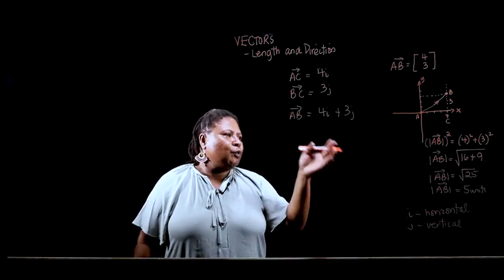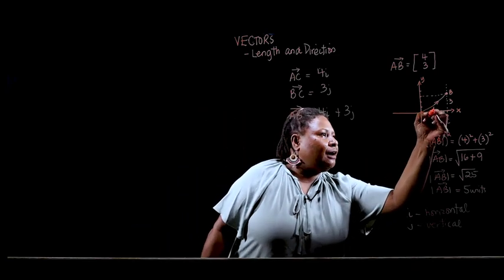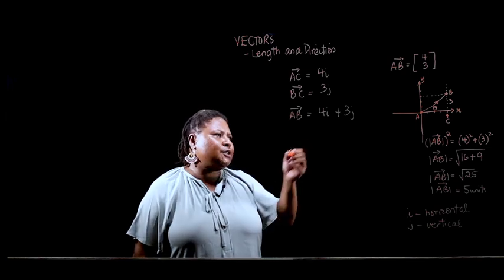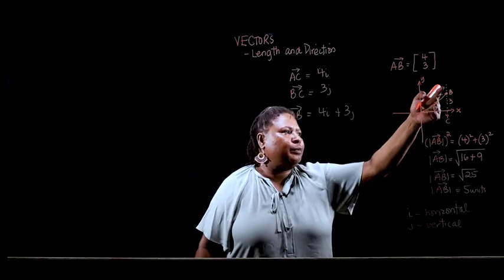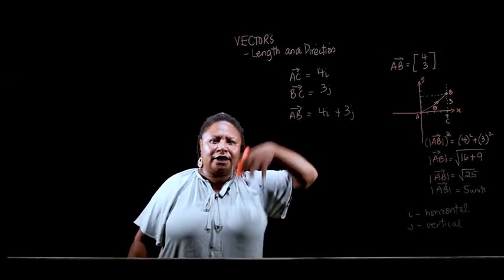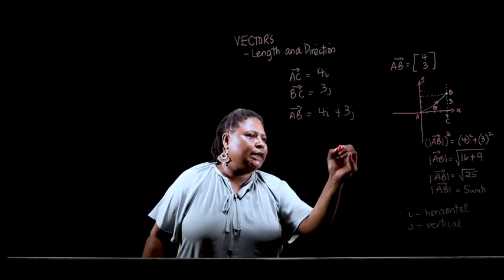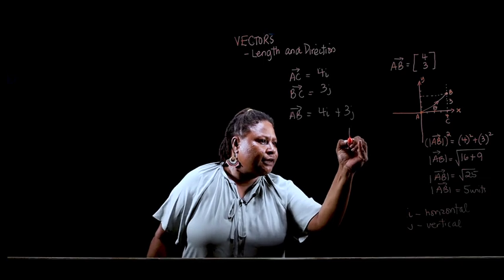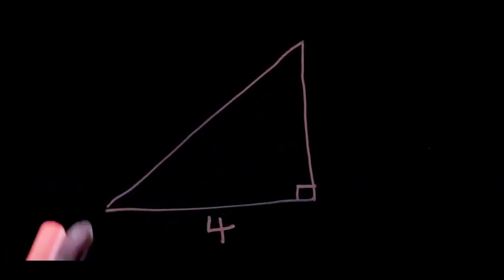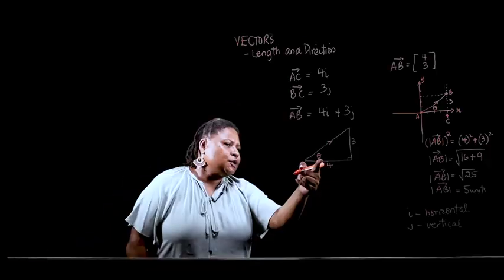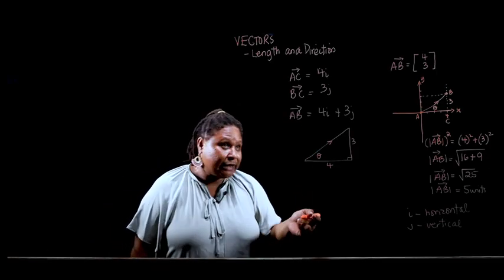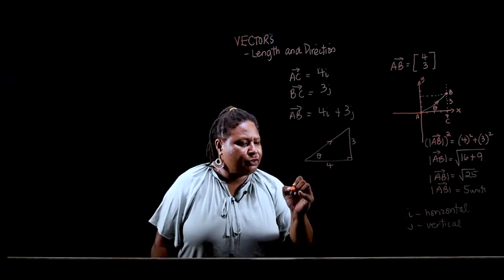Now, we need to find the direction of this vector. As you can see, we've already formed a right angle triangle on the Cartesian plane. Now we can take that right angle triangle off of the Cartesian plane and redraw it here. In order to find this angle, we are using a skill we've already learned, and that is trigonometry.